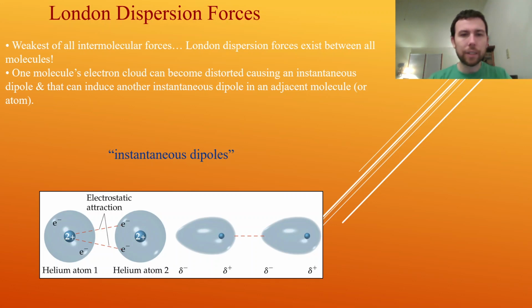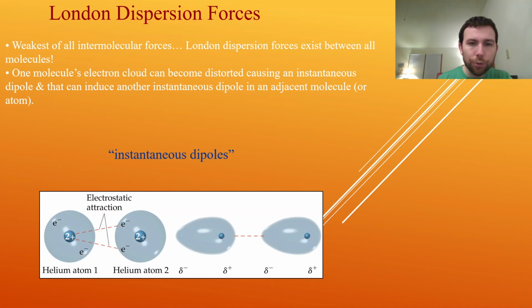If you look at this diagram here at the bottom, you've got two helium atoms that are interacting, and the electrons in this helium atom are currently over here on the left, and over here they're not really evenly distributed. So the nucleus from this helium atom is going to experience an attraction to the electron cloud of the other helium.